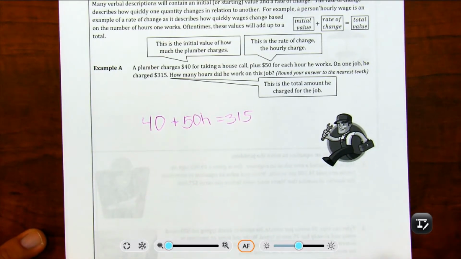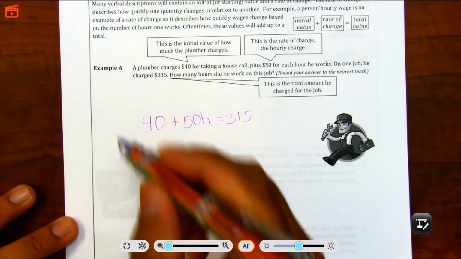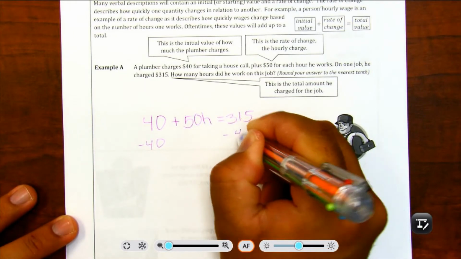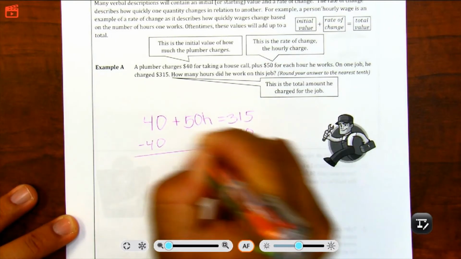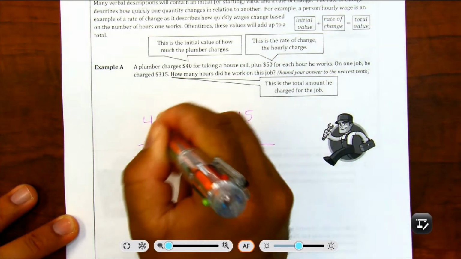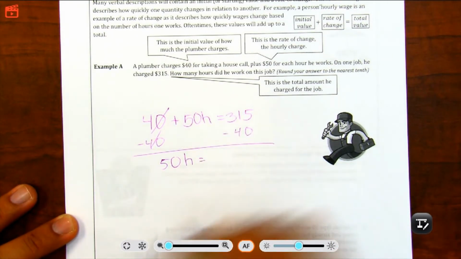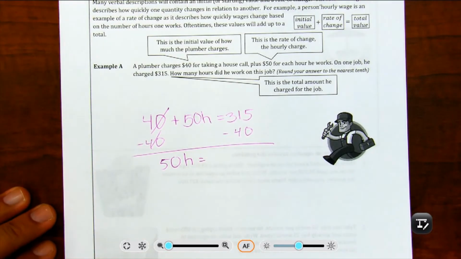The first step is to move 40 to the other side. So you're going to subtract 40 here, subtract 40 here, and you're left with 50h. Now 315 minus 40. What is that?